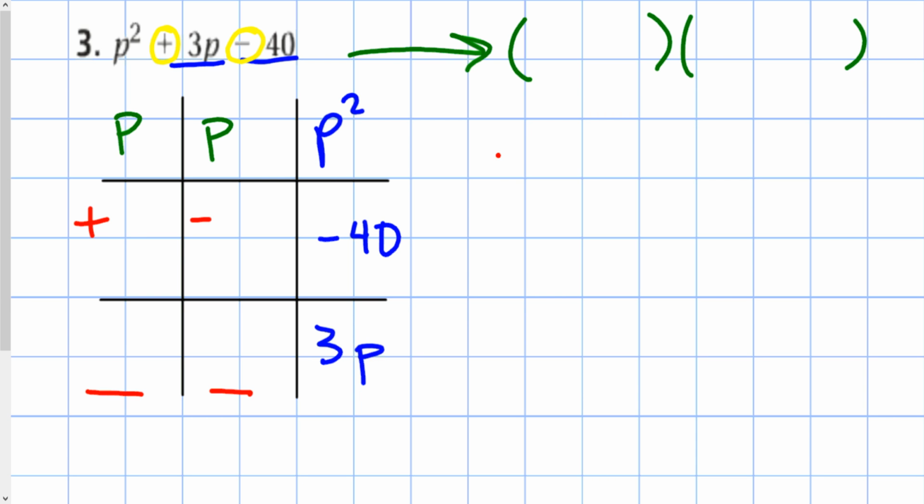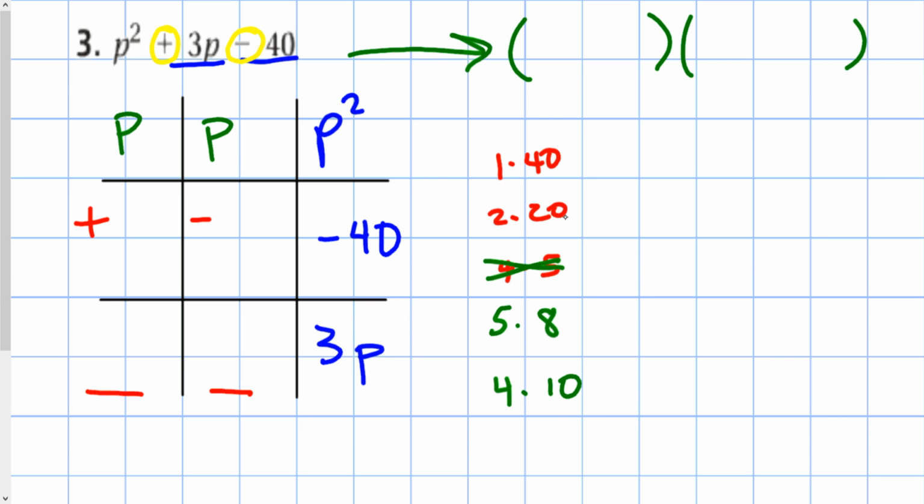So, again, possibilities are 1 times 40, 2 times 20, 4 times 5, oops, not 4 times 5, 5 times 8, 4 times 10 is what I meant.